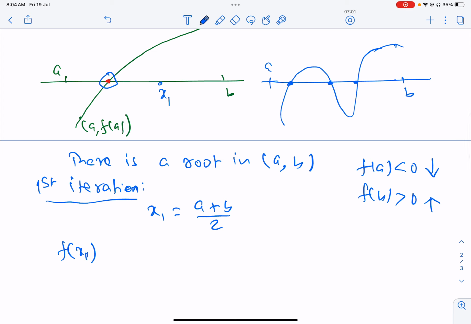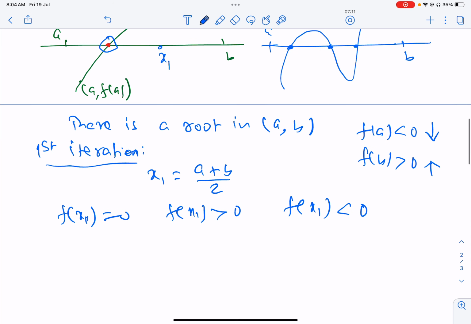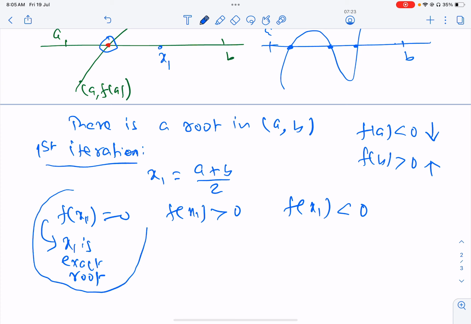It may be equal to 0, greater than 0, or less than 0. If it is equal to 0, then x1 is the exact root. But normally we don't have that kind of thing, because we are going to find the approximate root.